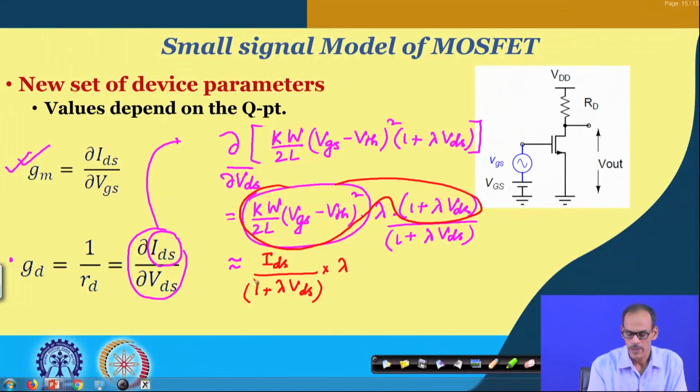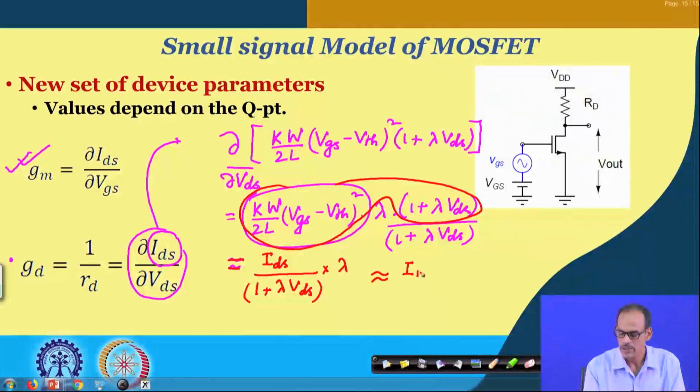Normally this part is considered to be very small. In fact, I should say this is not an approximation, this is exact. Whenever we come to the approximation, we are dropping this part.